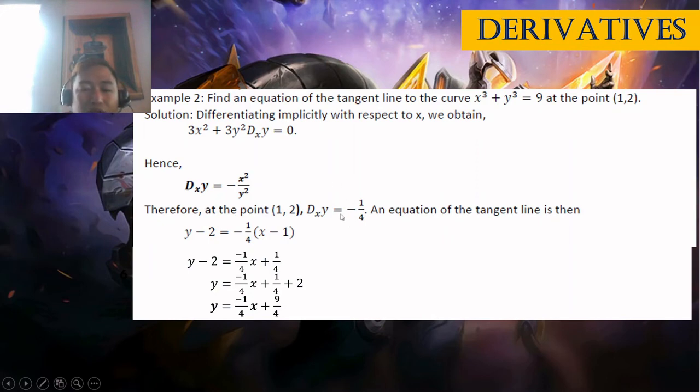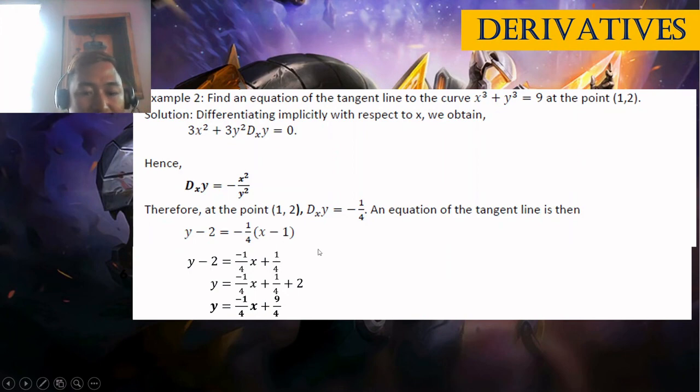Tama, so naa na tay slope, and then katong point slope form. So dara, so y minus 2, kaya diba y minus y sub 1, atong y sub 1 is 2, is equal to m times x minus x sub 1. So this is our m class, or our slope is negative 1/4 times x minus 1, kay 1 atong x sub 1. Okay, negative 1/4 times x is negative 1/4 x, negative 1/4 times negative 1 kay ma-positive 1/4.